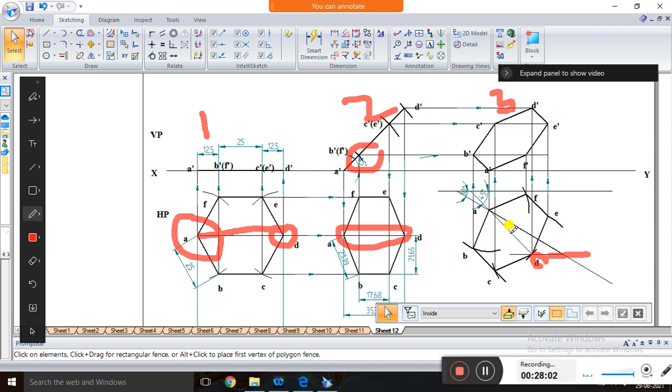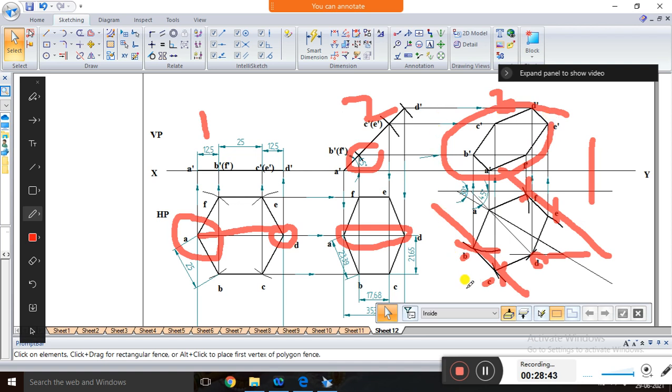Later take your compass and place it on A and stretch up to B, cut the first arc, place it on D and cut the second arc, place it on D and cut the third arc, and place it on A and cut the fourth arc, so that you get 4 points, and you can name them B, C, E and F. Then join A to B, B to C, C to D, D to E, E to F and F to A. If you join that, you will get the reconstruction with the beta angle. Then project upward, and finally you will get the final third position of the front view.